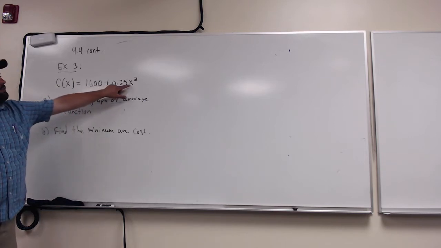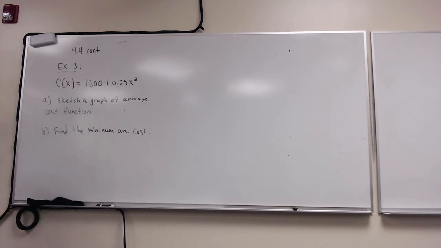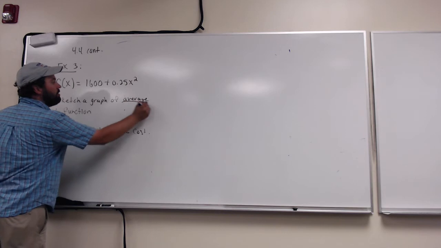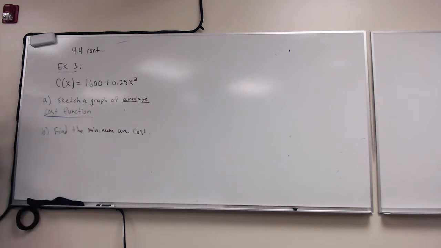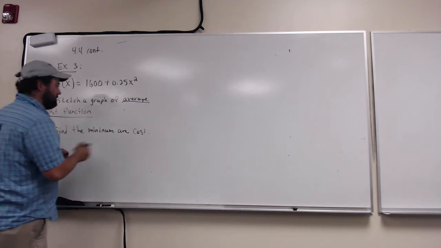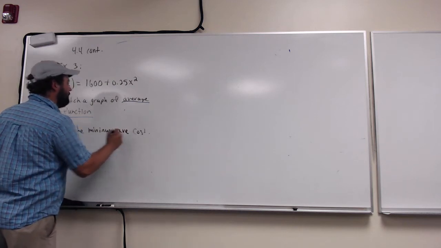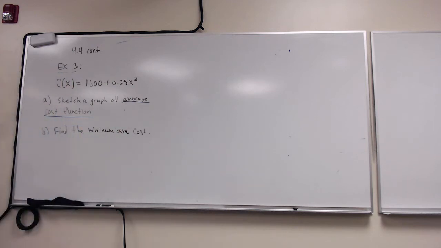1600 plus 0.25x squared. Oh, wait a second, though. That's not really the function we're supposed to be analyzing. So pay very close attention to the wording. We're supposed to find, and this should say average as well. So we want to actually sketch a graph of the average cost function. Anybody remember how to build the average cost function from a cost function?